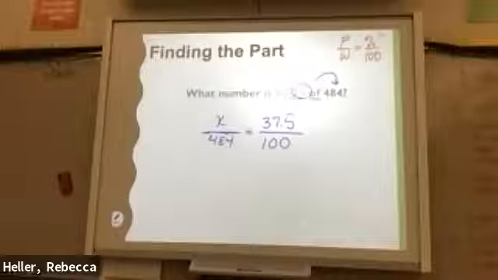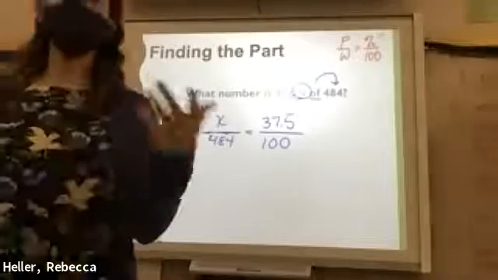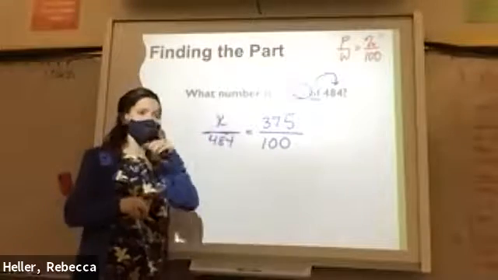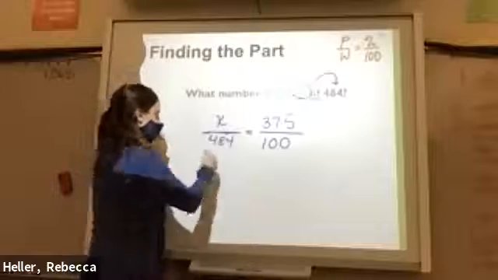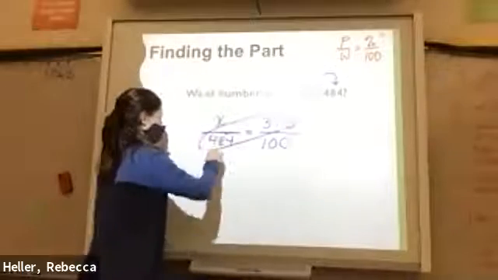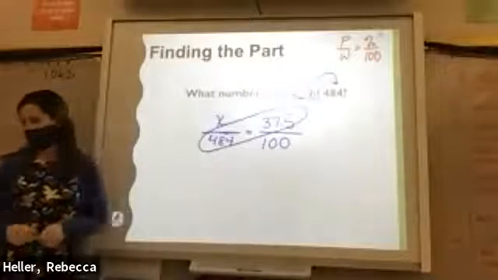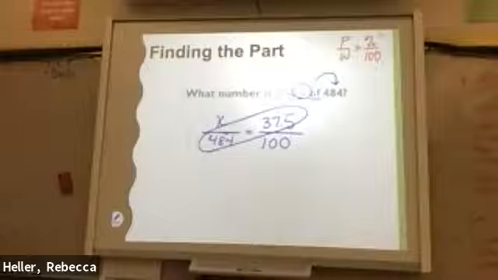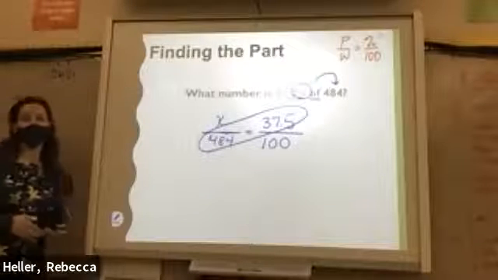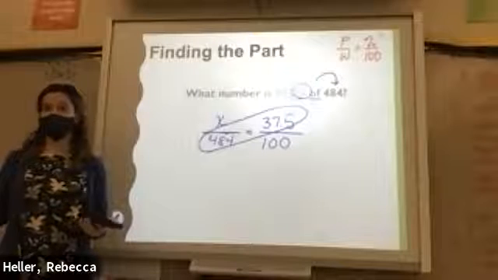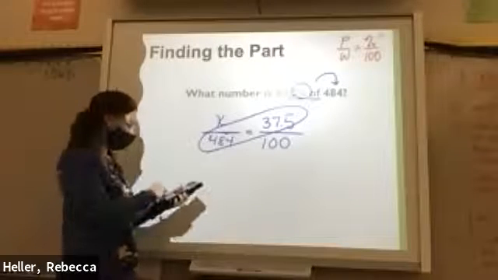All right, so just a reminder, and I did actually show you guys a couple ways to solve these, if you remember way back earlier on in chapter 5. But one way, some of you guys are using the cross multiplying method. And if you are, I'm just going to review real quick how to do that. If you're using a different method, you can continue to use that same method that you've been using.